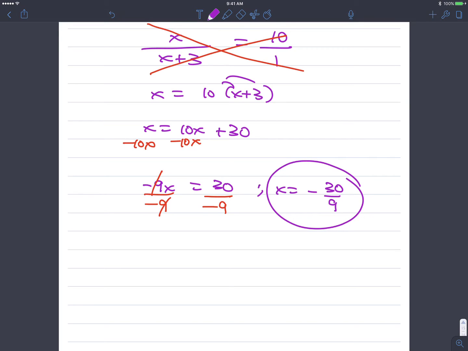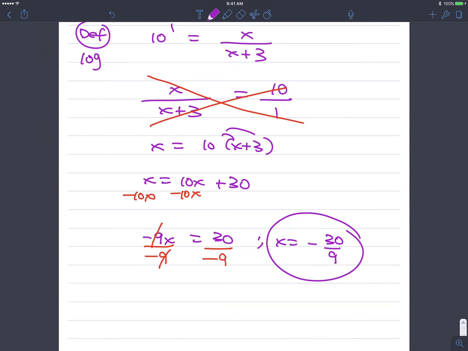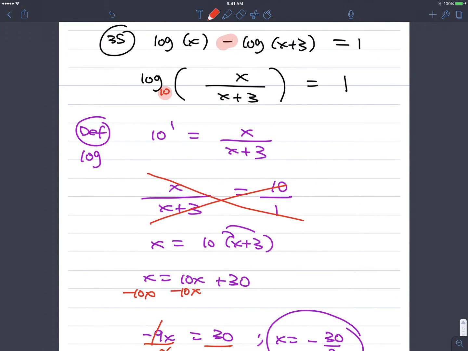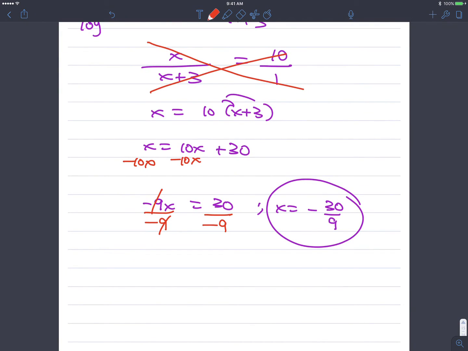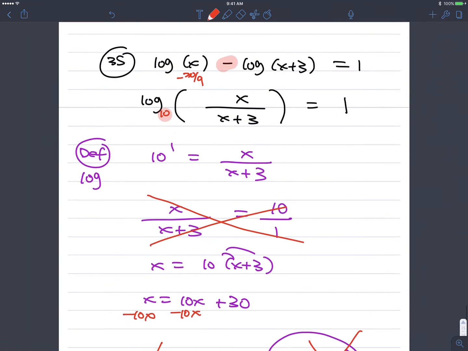So I wonder whether this is even possible, or I should say, x could be any value. We just have to be concerned with whether or not our log is defined for this. And notice, if I plug in the fraction negative 30 over 9 for x, that's enough to tell me that this log value is not defined. I could throw this out. Now, this is the only solution that we got for x.